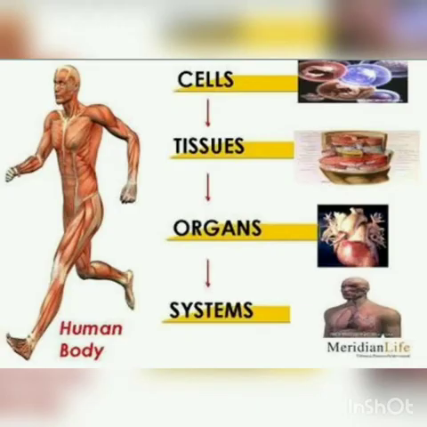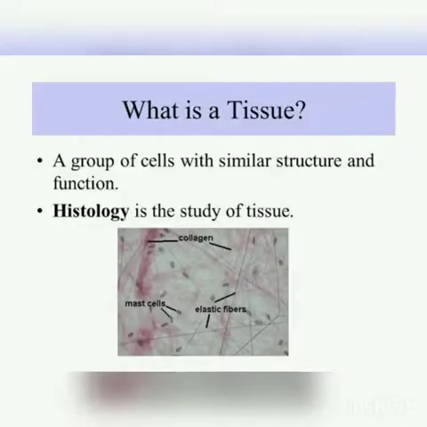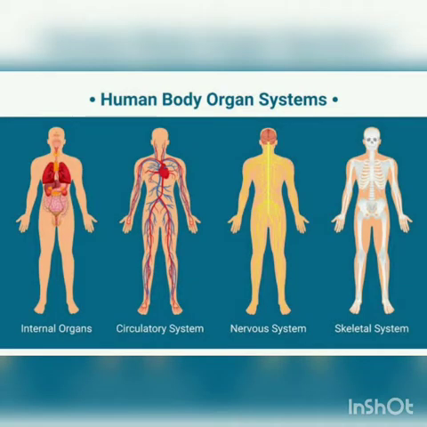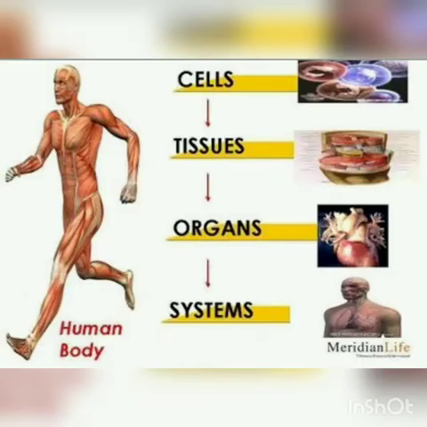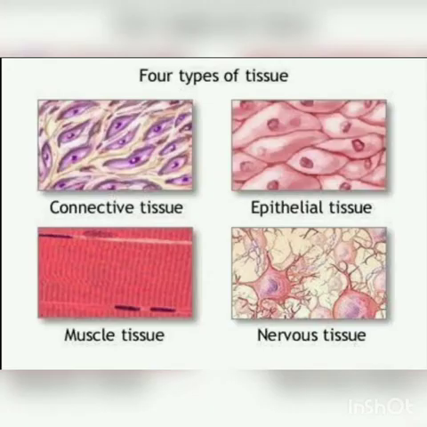If two or more organs perform common physical and chemical functions, they are called organ systems. Example, digestive system, respiratory system, circulatory system, etc. Most of the organs contain different types of tissues and their arrangement determines the organ structure and function.